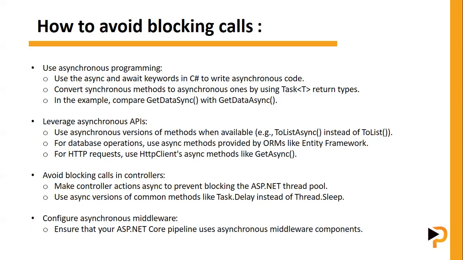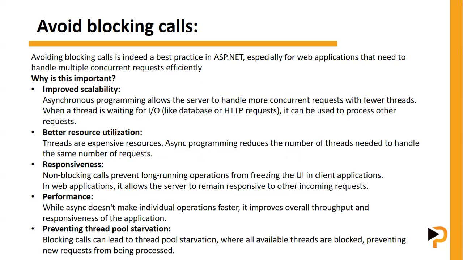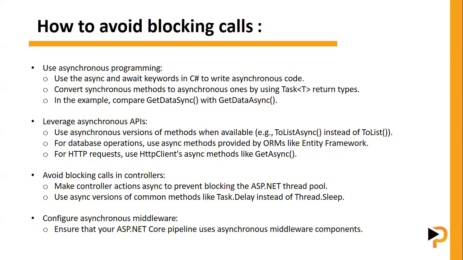Find out where these kinds of calls are happening, and to resolve them, we need to use asynchronous programming wherever some shared data is accessed by multiple threads. We can go ahead with asynchronous programming or an asynchronous API, or try to avoid it inside the controller. Make a controller action async to prevent blocking the ASP.NET thread pool.